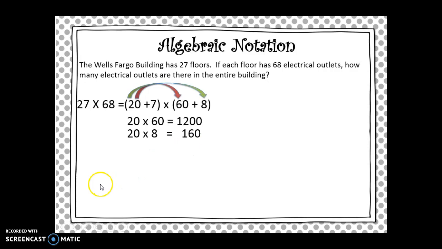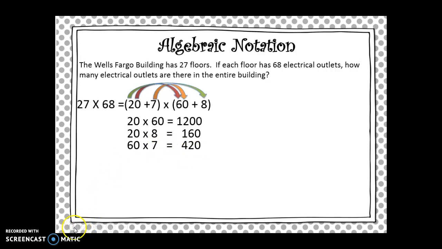Pause the video as you write that down. After I have done that, I've got to take my next set of numbers and multiply those numbers together. Now I'm going to multiply the 7 times the 60. When I multiply 7 times 60, you'll see that I have 60 times 7 is equal to 420.